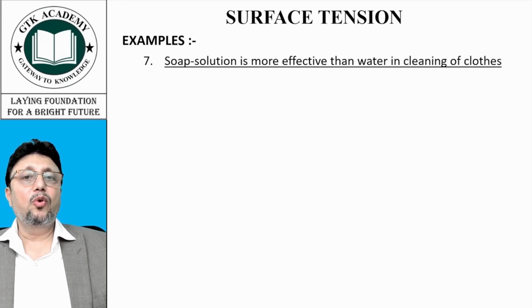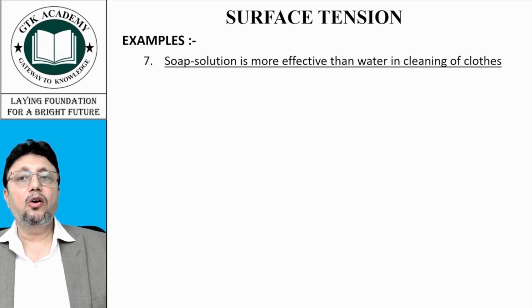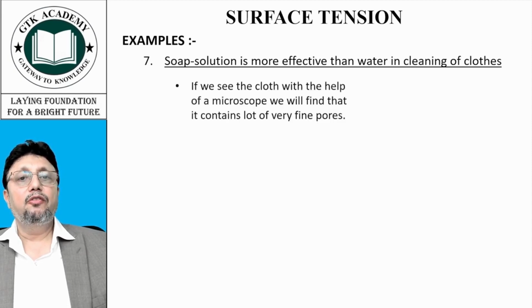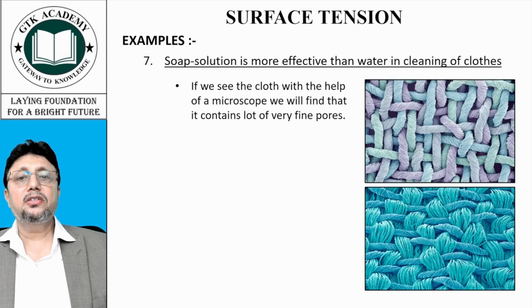Now, here is one more interesting example: soap is more effective than water in cleaning of clothes. If we see the cloth with the help of a microscope, we'll find that it contains very fine pores. This is a garment seen under a microscope. The normal cloth you are wearing looks like this.